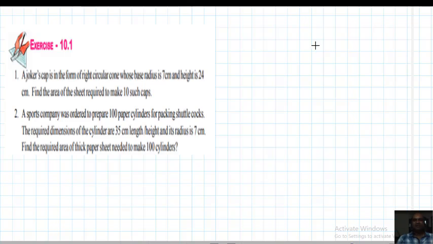Okay students, first of all, this is the joker cap. So neglect this one. We just need to find the lateral surface area of one joker cap, and into 10 gives the area of the sheet required.